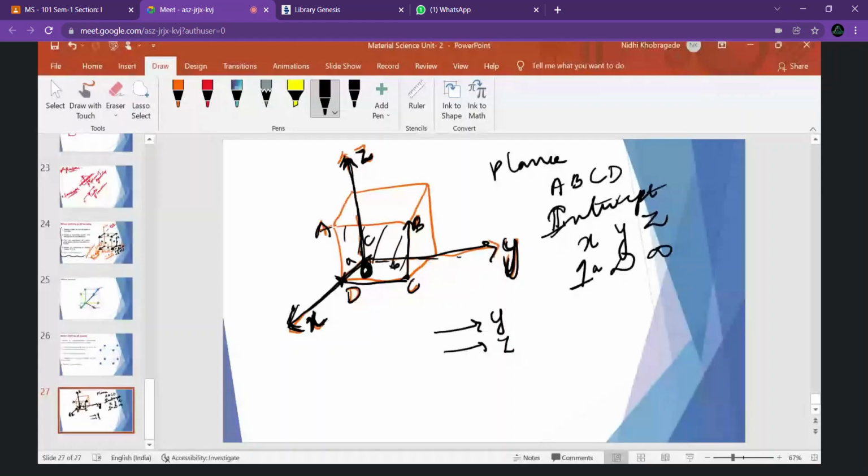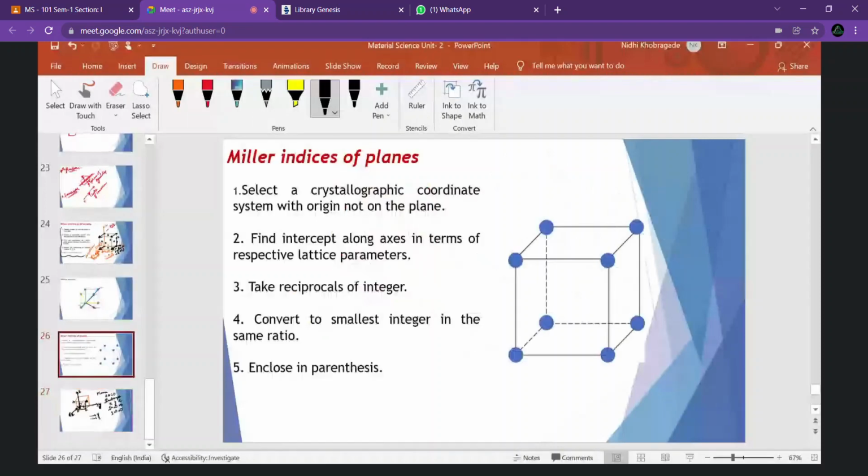So we have measured our intercepts as 1a, infinity times b, and infinity times for the z-axis. Here the intercepts are 1, infinity and infinity. According to the next step, we have to take the reciprocal of the measured integers.